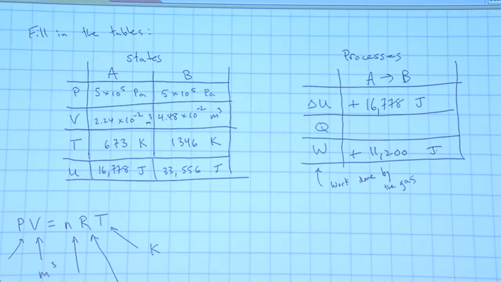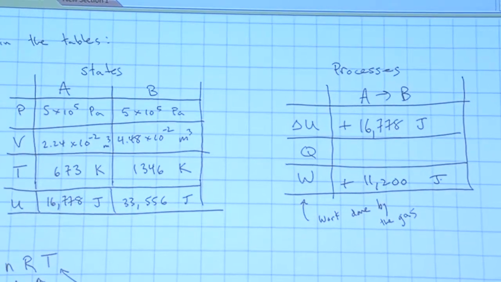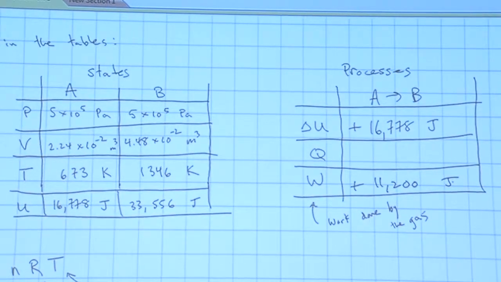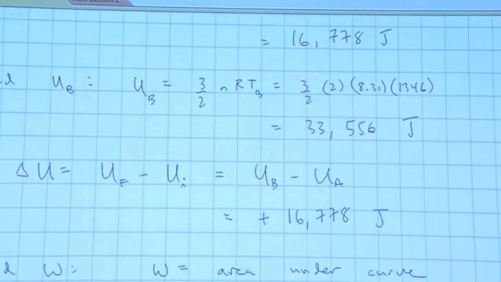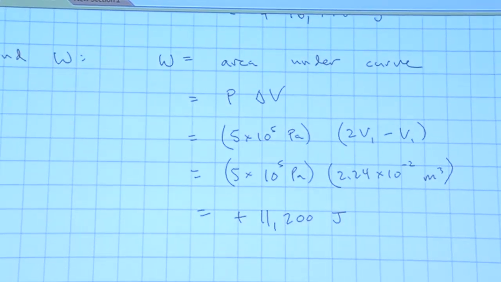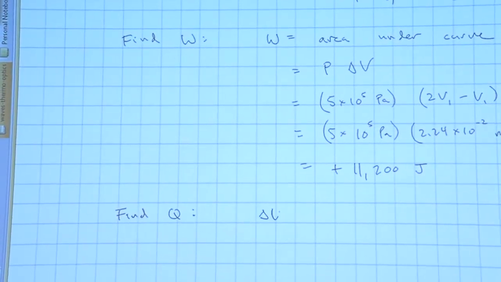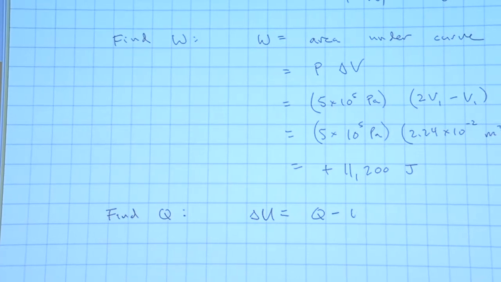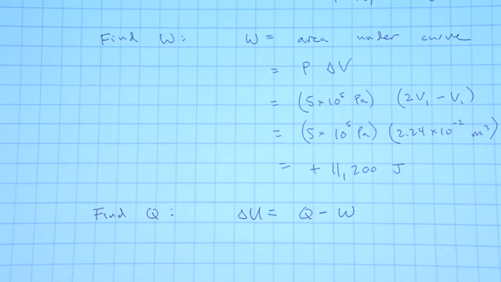So I've got one thing left, Q. And how do I get that? I use my first law of thermodynamics. I know that delta U is Q minus the work done by the system. And what do I end up with here?